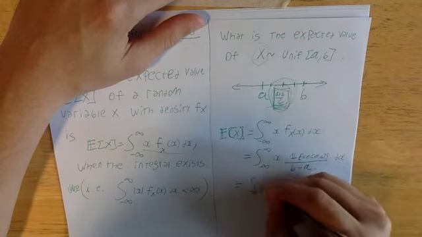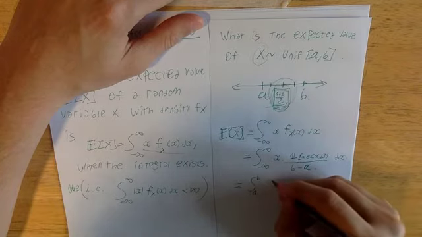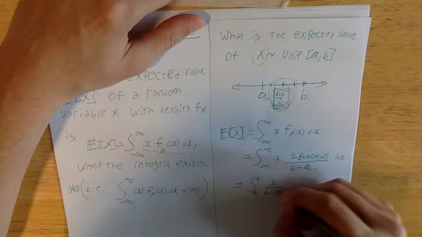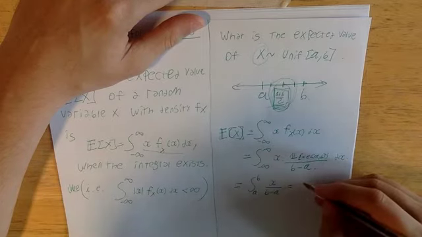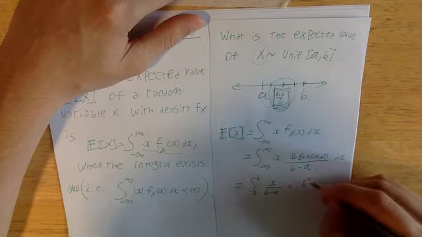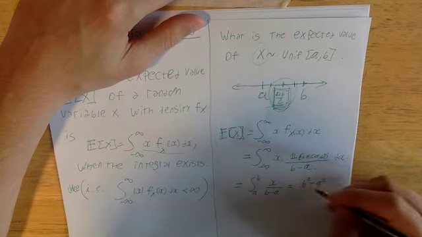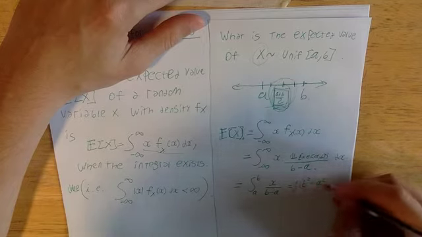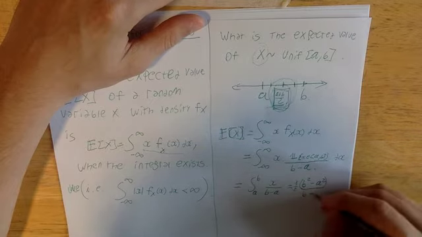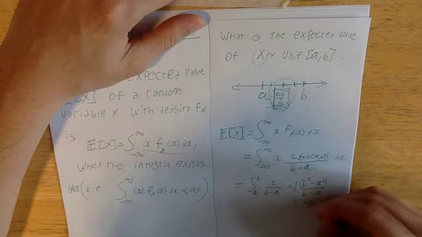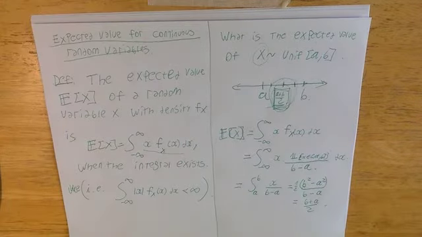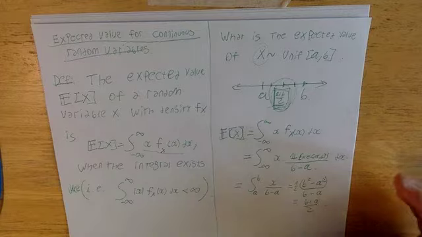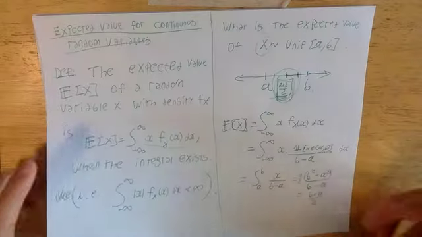So this is the integral from a to b of x over b minus a, and this is going to be b squared minus a squared with a 1/2 in front, over b minus a, which is just b plus a over 2. Okay, so this is the expected value of the uniform, which as we said is a plus b over 2.